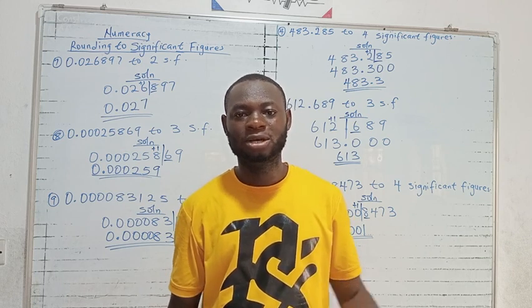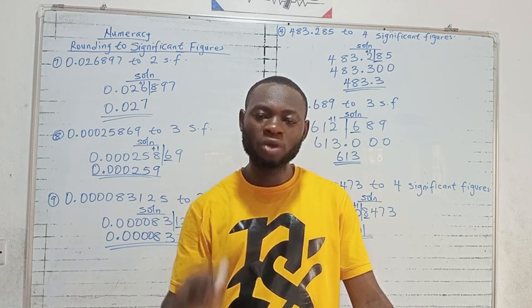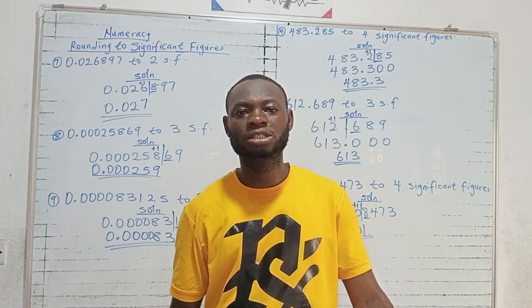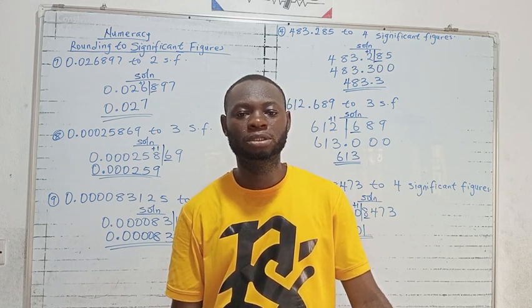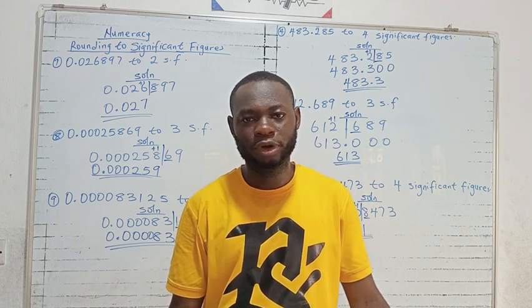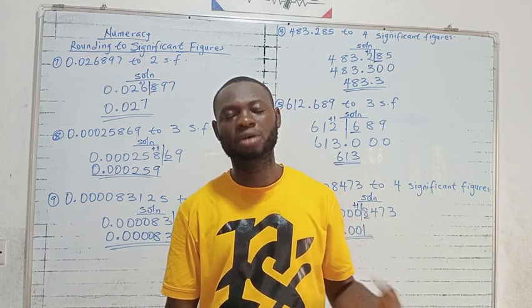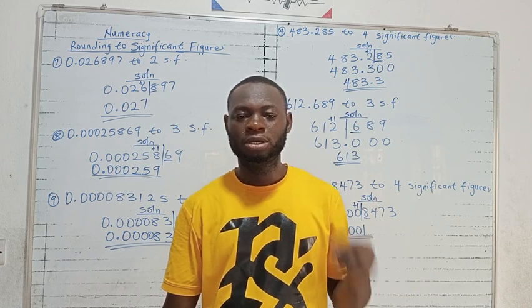I want you to watch the video again and again and understand any concept that is still confusing. When we meet in our live class, I will clear those confusing points in significant figures, and then we'll have a general review of approximation and estimation.